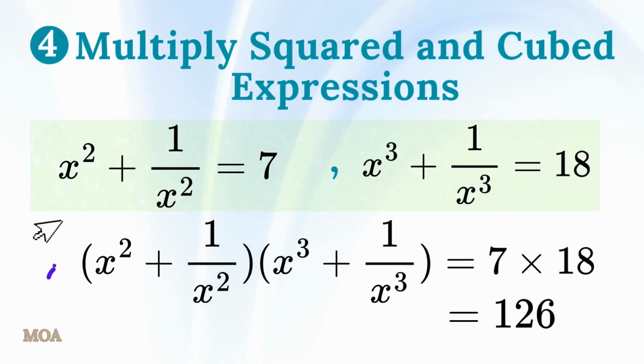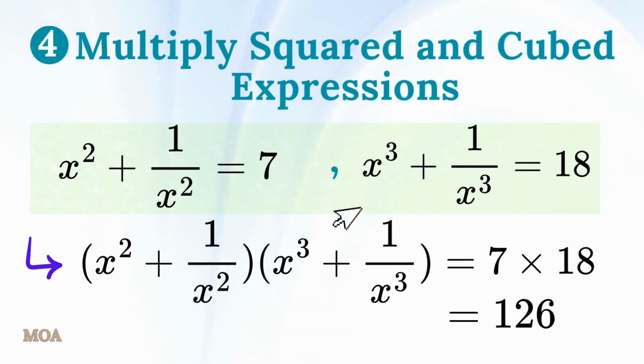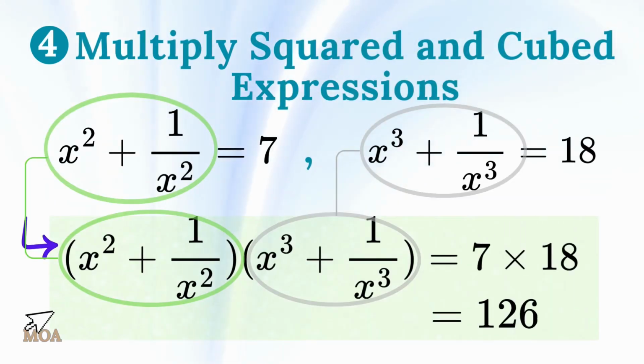We multiply side by side the squared expression x squared plus 1 over x squared, which equals 7, by our cubed expression x cubed plus 1 over x cubed, evaluated as 18. This yields the quantity x squared plus 1 over x squared times the quantity x cubed plus 1 over x cubed equals 7 times 18, namely 126.